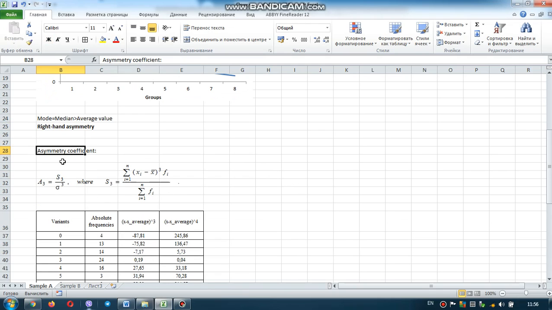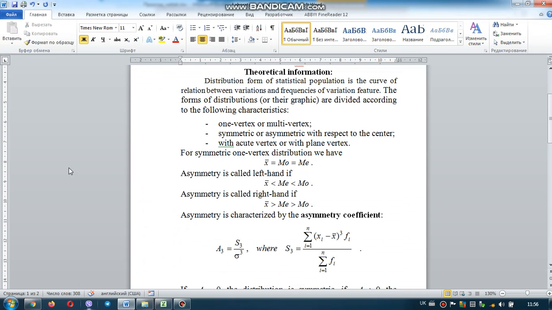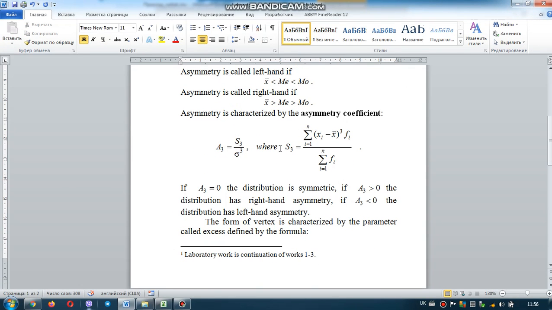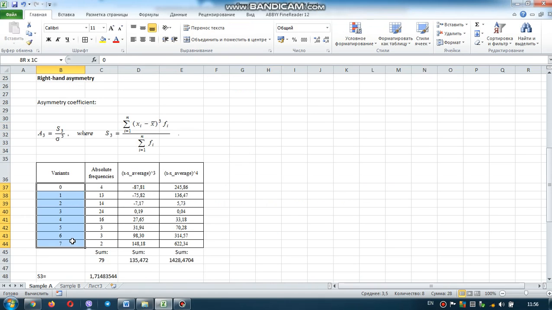And now we have to calculate the asymmetry coefficient according to the formula from the laboratory works. These formulas are not complicated. We have to know the variants from previous laboratory works, the absolute frequencies of these values, and the values for the numerator.